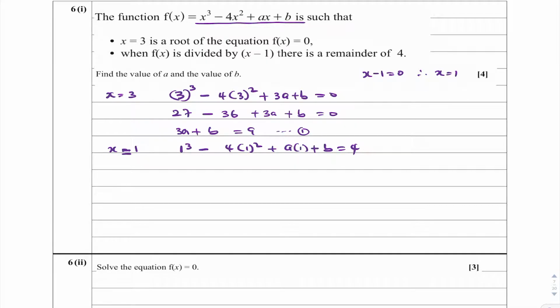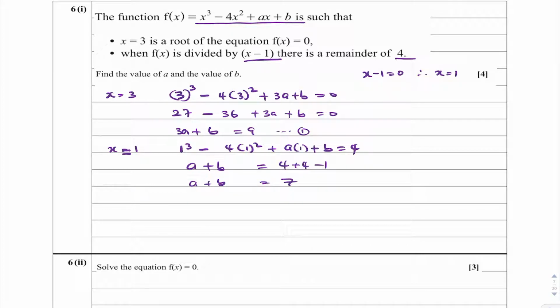Not 0, 4, because that's what it says with the remainder. Now, when I simplify this, I get a plus b equals 4 plus 4 minus 1. Therefore, a plus b equals 7.